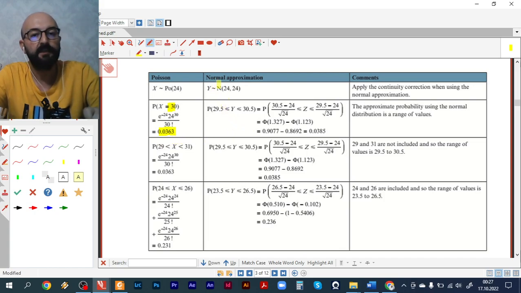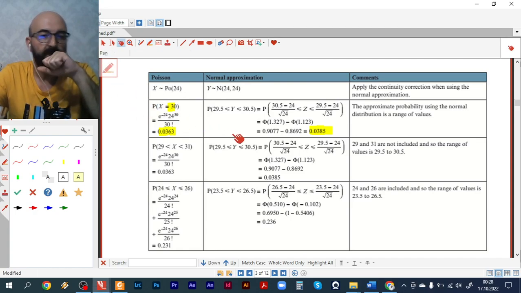But if you use the normal approximation for this Poisson distribution question, you find the result is 0.0385, and these values have a bit of difference.